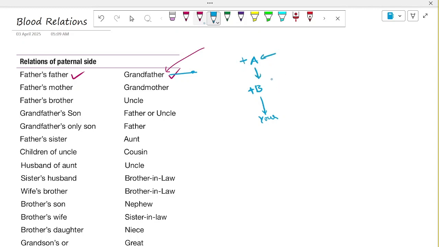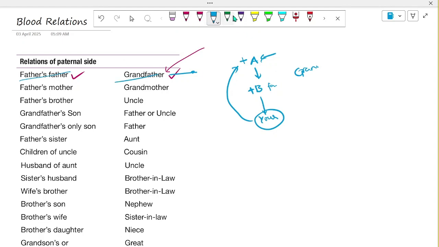So this is father's father. This is your father and this is his father. So for you, he will be grandfather. So when somebody says father's father, it is grandfather.